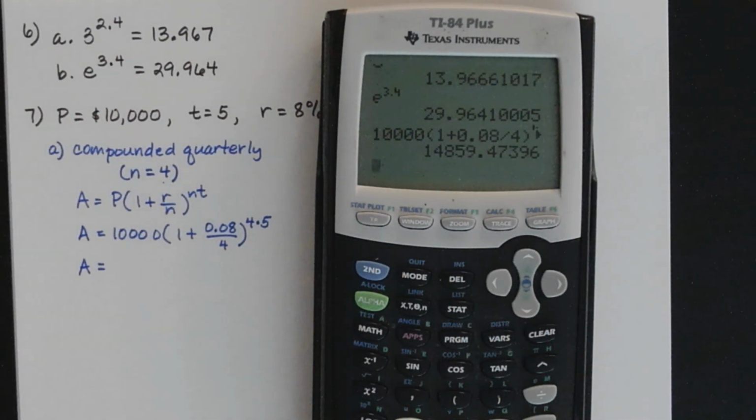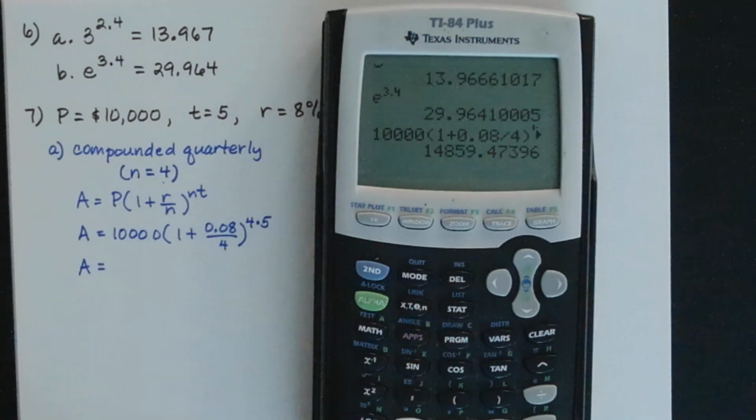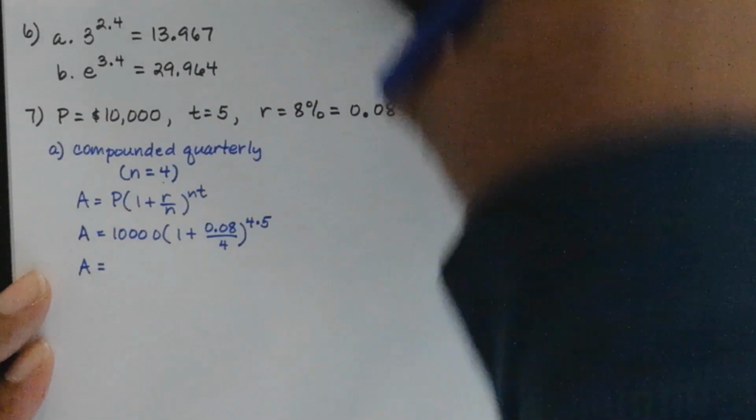Now we're dealing with money amounts, so we have to round to 2 decimal places. So what would this amount be to 2 decimal places? $14,859.47.